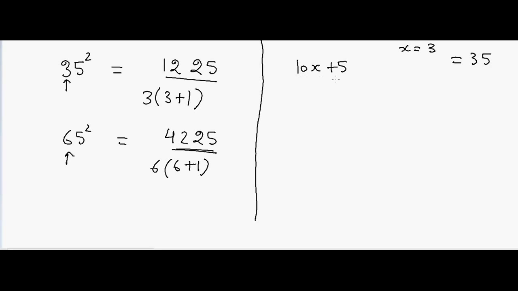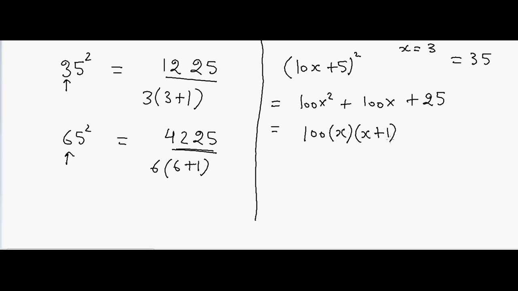So suppose if we have 10x plus 5 and we want to do a square of it, that will be equal to 100x square plus 100x plus 25.